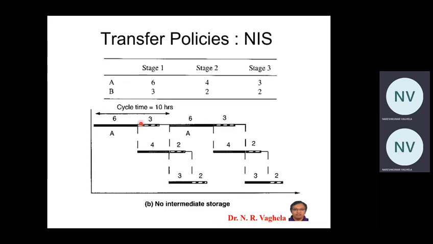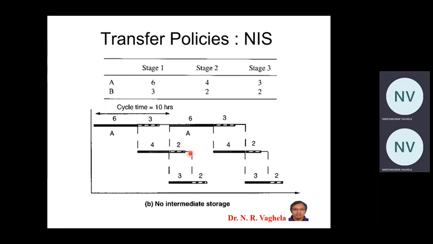So draw the gain chart for product B immediately after the completion of 6 hours of product A. Draw the gain chart 3 hours, and there is a 1 hour holding of product B in stage 1. So after 1 hour of holding, stage 2 is empty. So transfer the product B material into stage 2. Then 2 hours processing time for product B in stage 2. Then again 1 hour of holding.